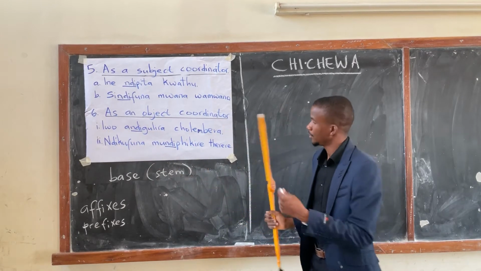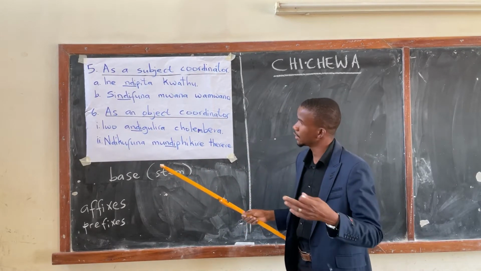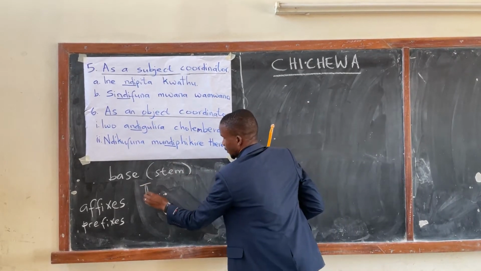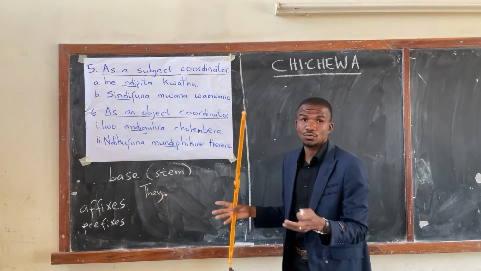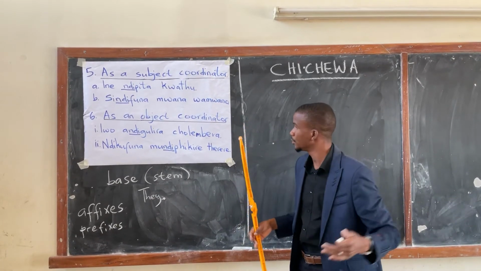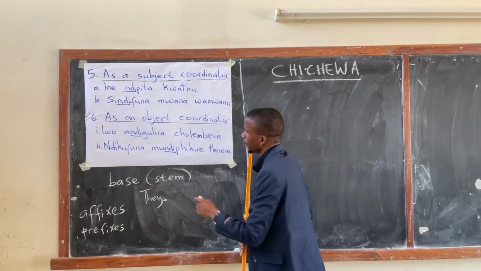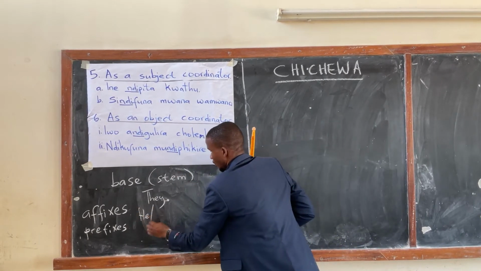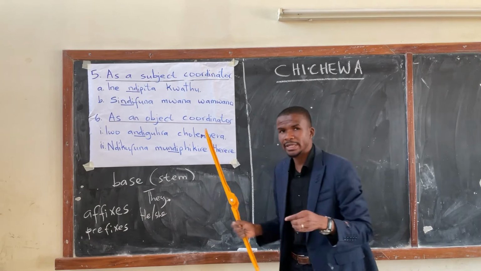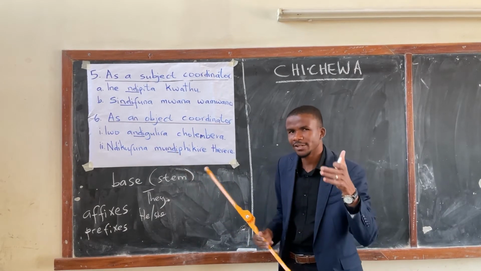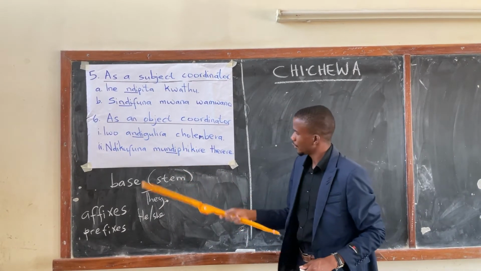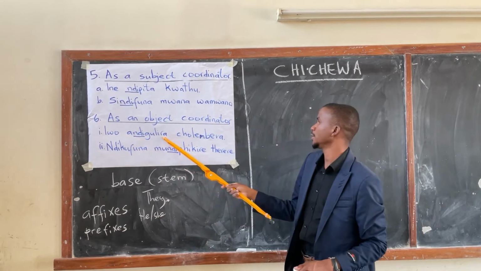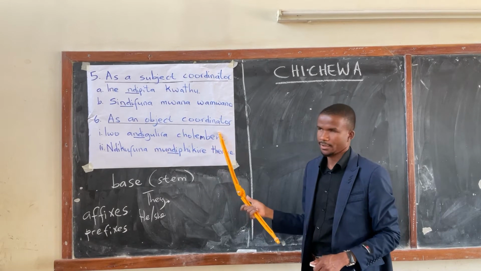Iwo, as we already looked at in the previous sentences, iwo can be they, if you are referring to a lot of people, two or more people, or you can be referring to one person, he or she, but in this case you are trying to show respect. So he or she has bought for me a pen.